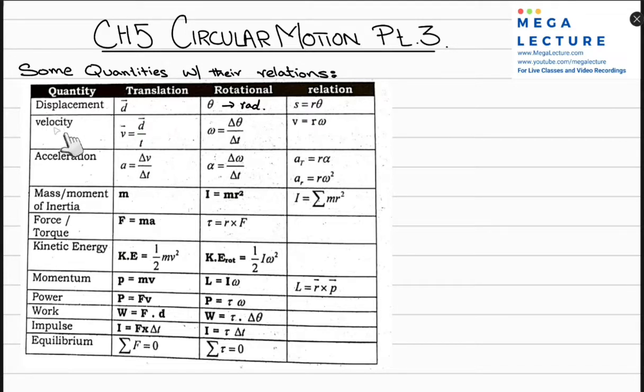Moving on, we have velocity, and the velocity vector is simply the displacement vector over time. The rotational analog of the velocity vector is the angular velocity, which is simply how the rotational displacement changes per unit time. So this is the time taken to perform this rotation.